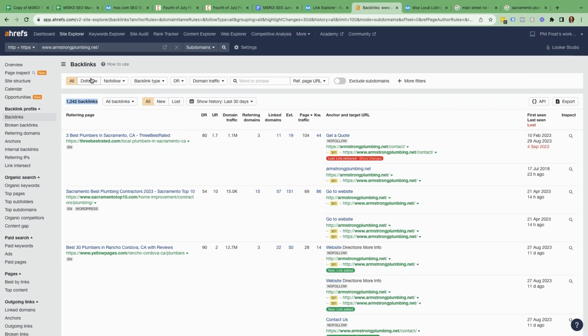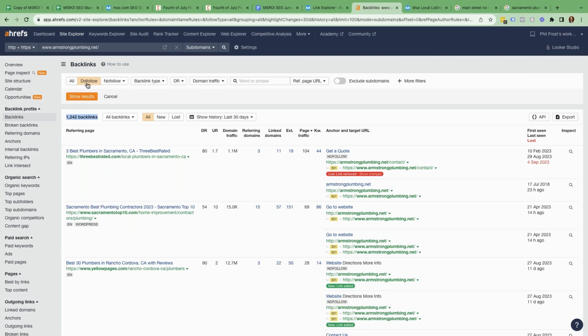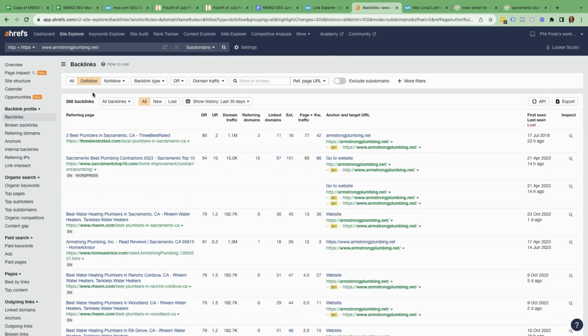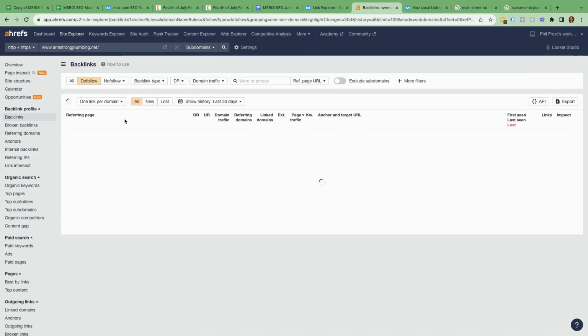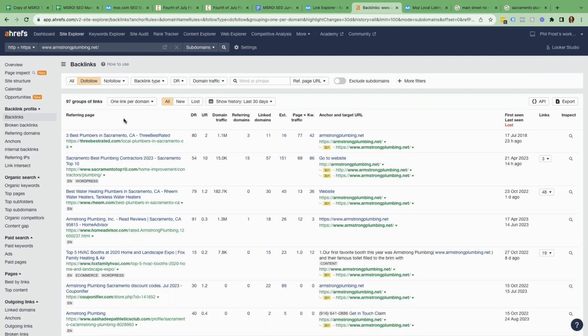We're going to look at just dofollow, so I'm not worried about nofollows. That drops me down to 568 backlinks. And then we want to do 1 link per domain, so we're not worried about every link. And so now we have 97 groups of links, 97 domains.